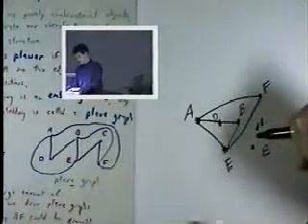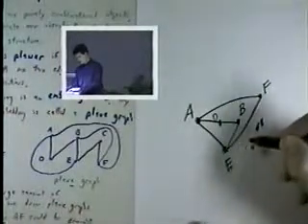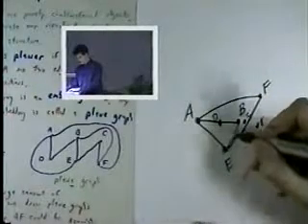And then C has to be connected to E. So here? So right here. So put C here.